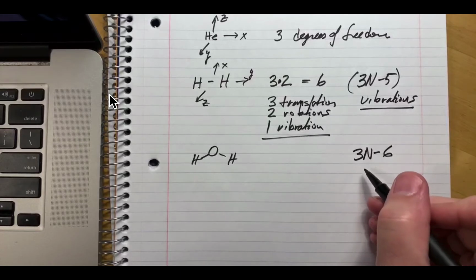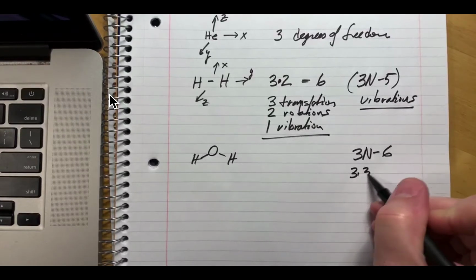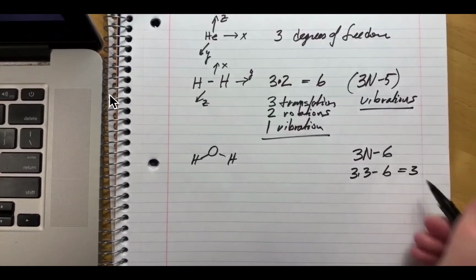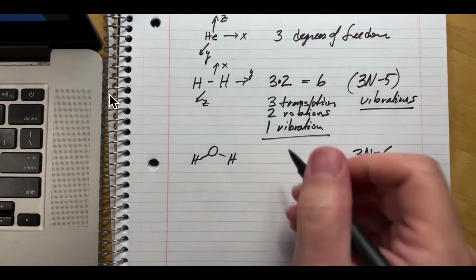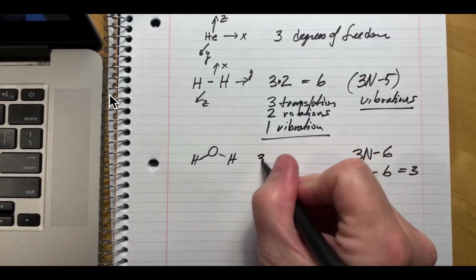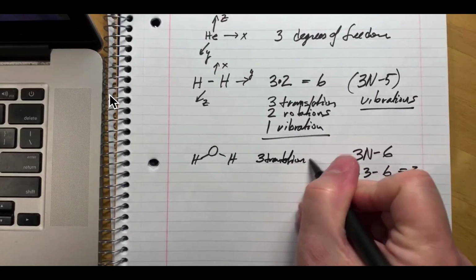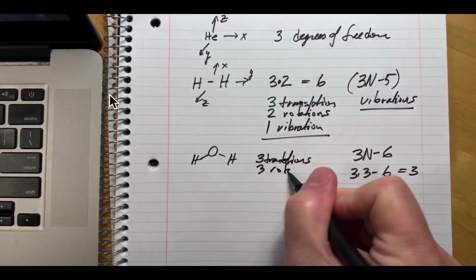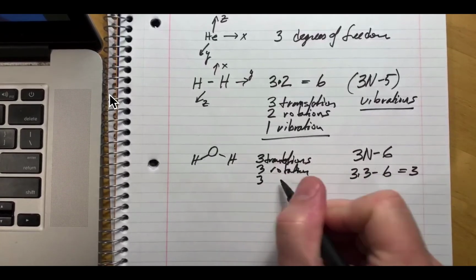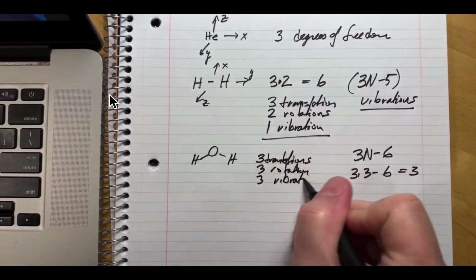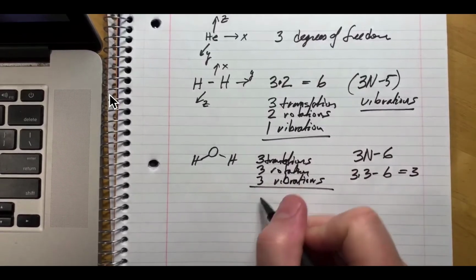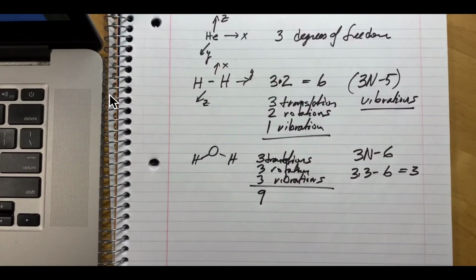N here is 3, so 3 times 3 minus 6 means that there's 3 vibrations. So this has 3 translations, 3 rotations, and 3 vibrations, for a total of 9 again.